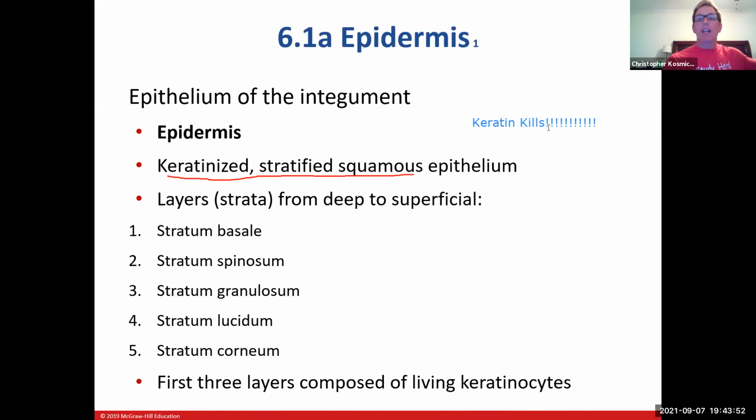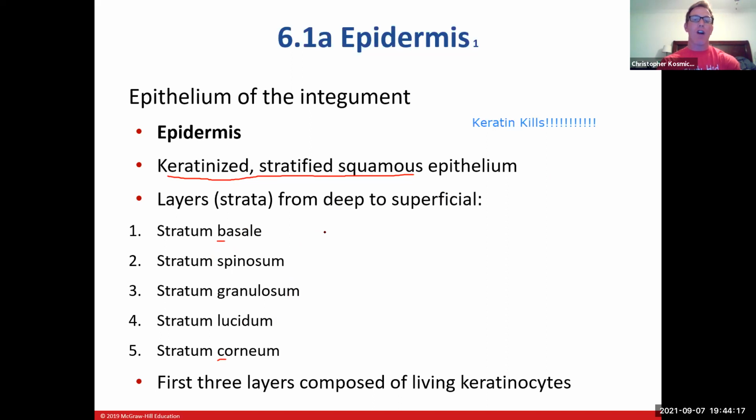So when we're talking about the epidermis, we subdivide the epidermis down into 5 layers or strata. So number 1, this first guy here, stratum basale, is the deepest, and then the stratum corneum is the most superficial.